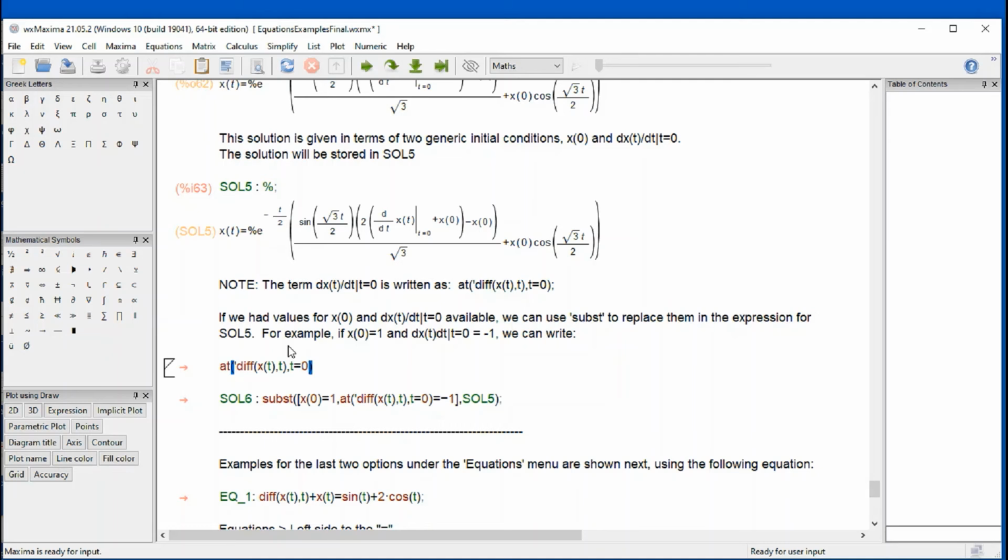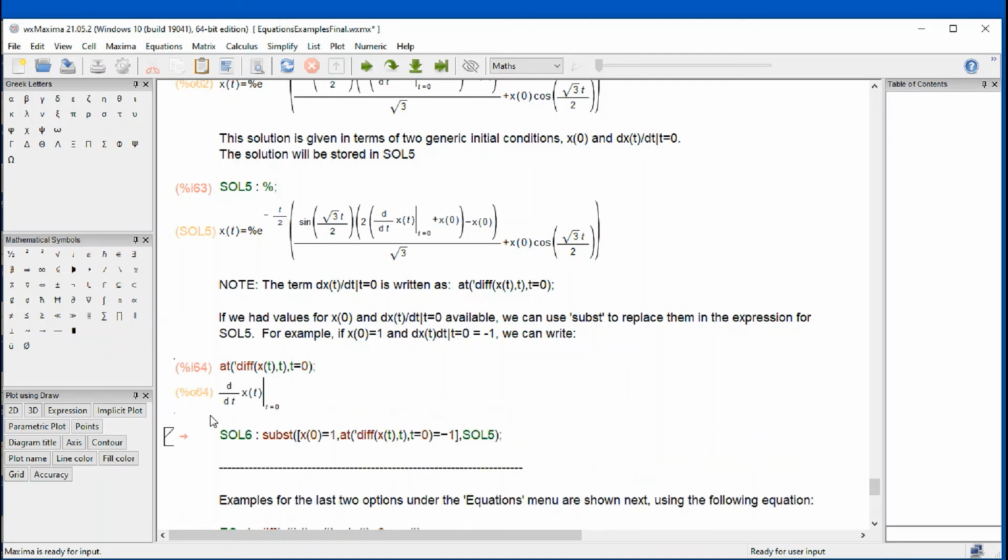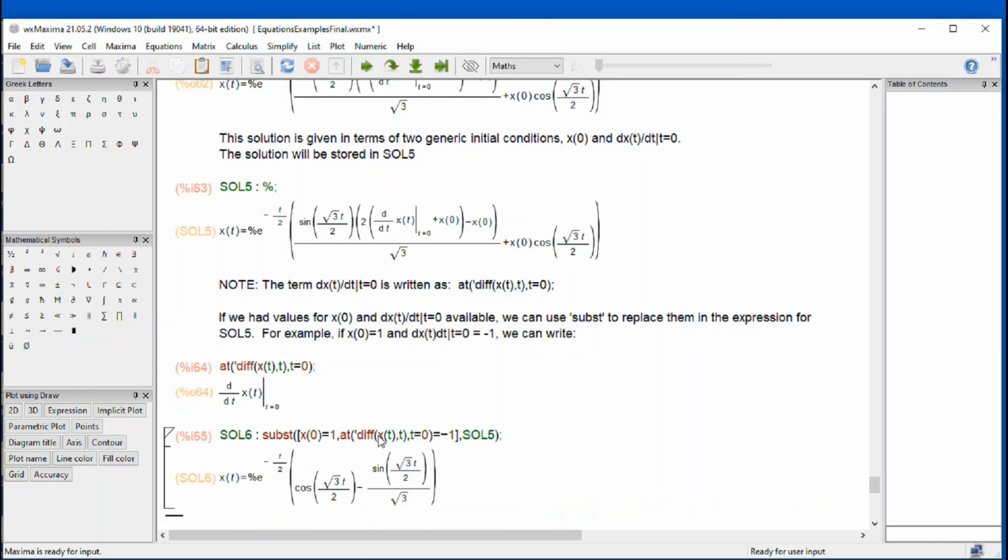The result that we get from this is precisely this term, which is this term right here. And that's where we type it right here, and we do replacing these values, x0 equal 1 and the derivative at t equal -1 in here, and the derivative in here, we get this result converted into this one.